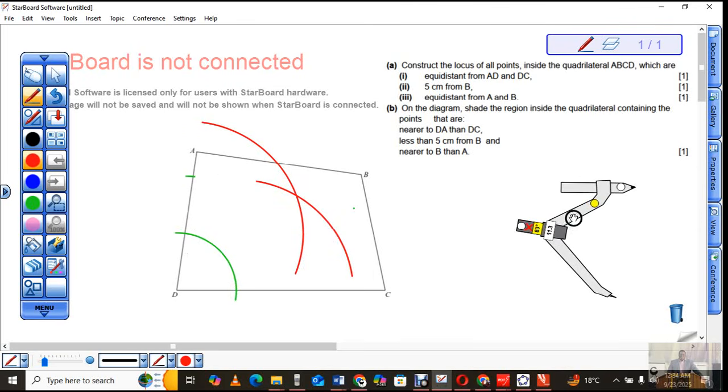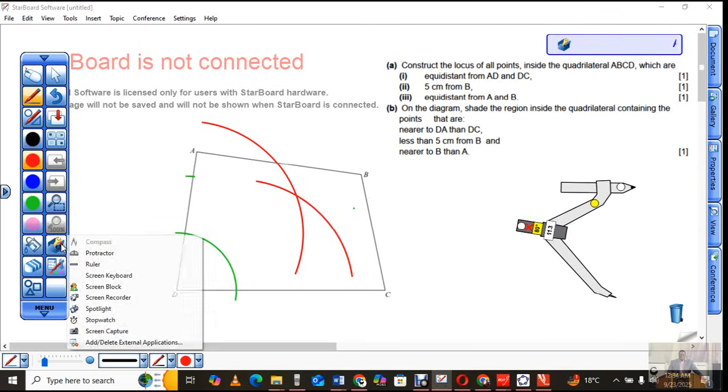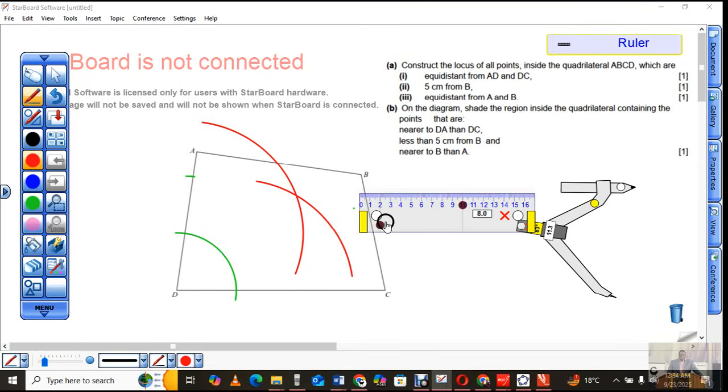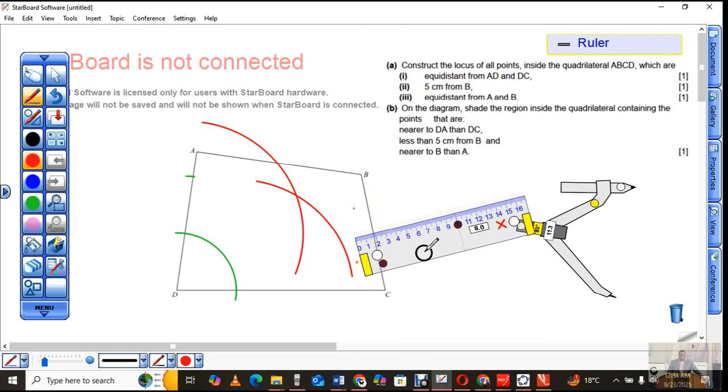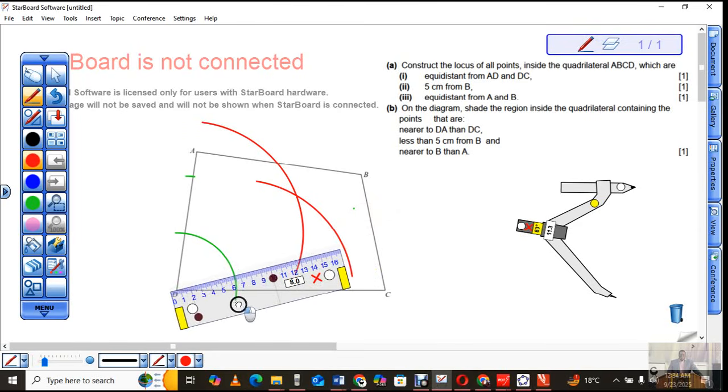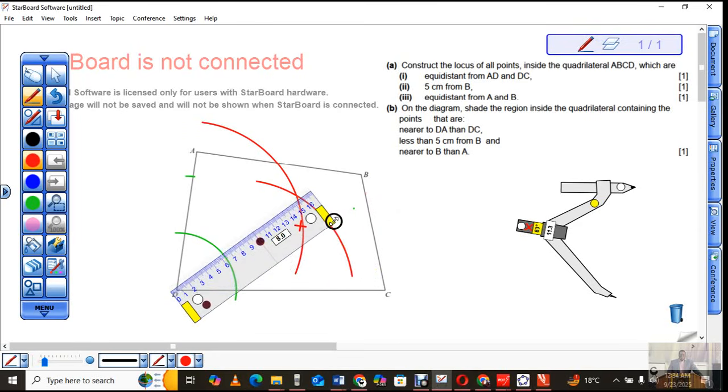There you go. Now I'm going to take my ruler to make sure it's positioned correctly.